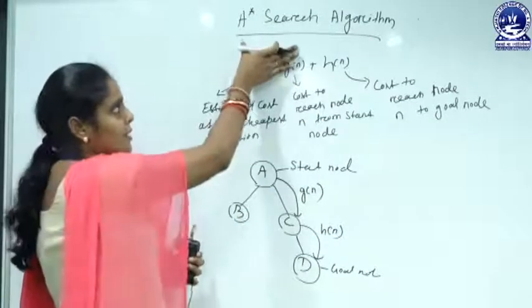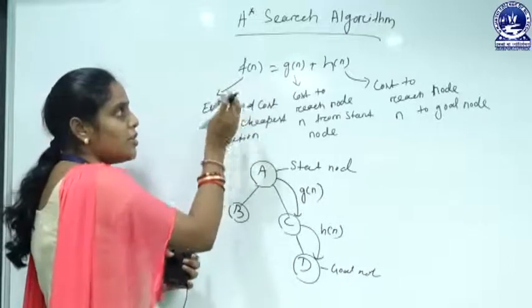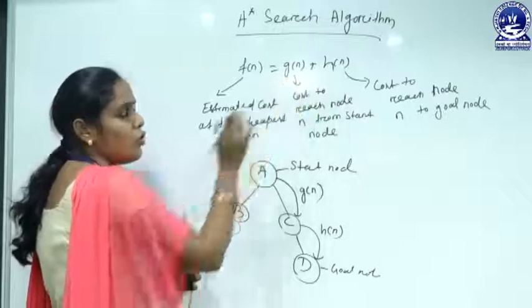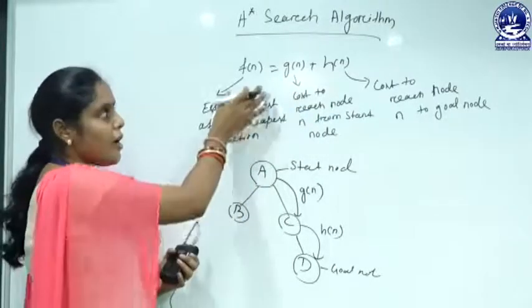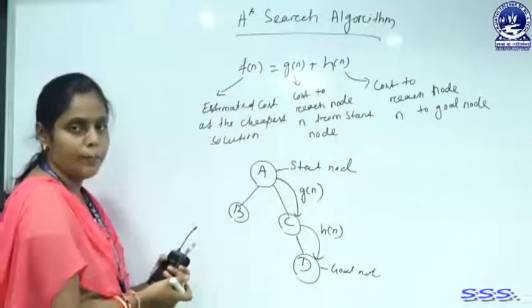Now, in the A-star search algorithm, the evaluation function is always considered using these two values, and the algorithm always calculates the f(n) value based upon the g(n) value and the h(n) value.